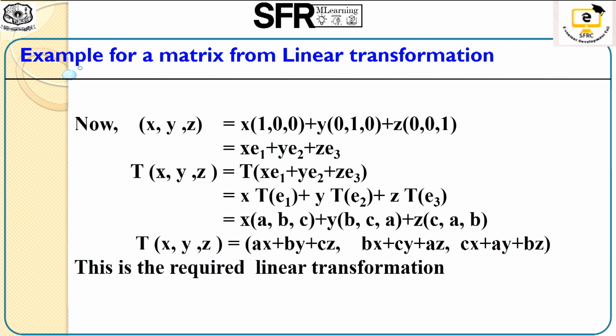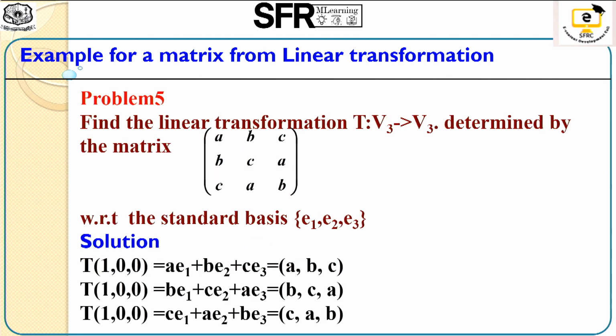Applying the transformation on both sides, T of (x, y, z) equals T of x E1 plus y E2 plus z E3. Taking x outside, we get x into T of E1 plus y into T of E2 plus z into T of E3. We already found T of E1 is ABC.